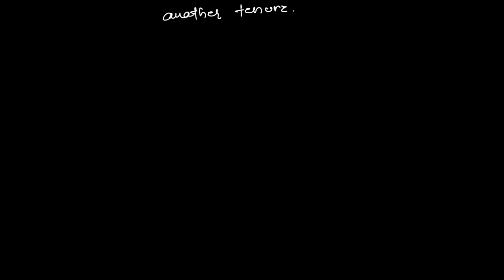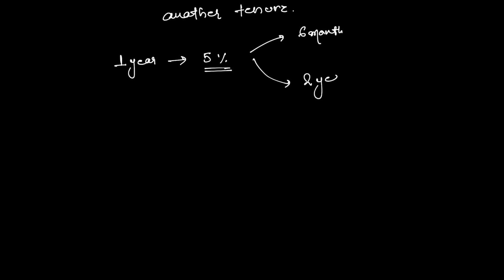So we have the effective interest rate of 1 year, given as 5%. Now you have to convert the effective interest rate of 1 year to the effective interest rate of 6 months and the effective interest rate of 2 years.